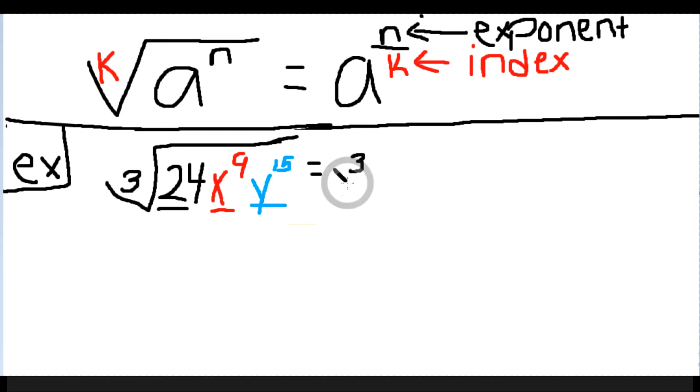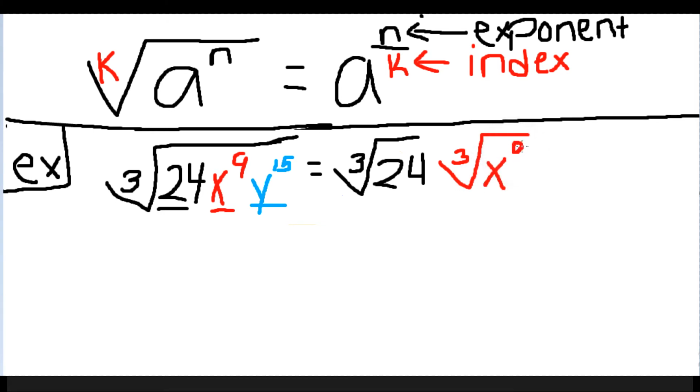So here I'm going to take my number, break it into the first piece. Okay, there's my first piece. And now I'm going to take my variable x piece here. And now I'm going to take my variable y piece here.